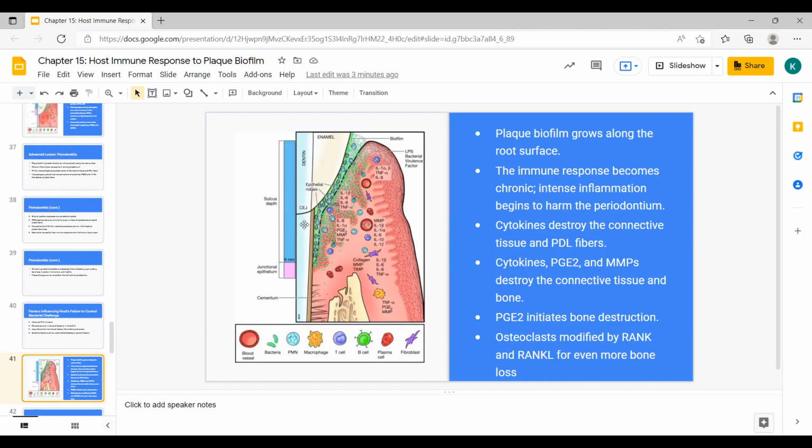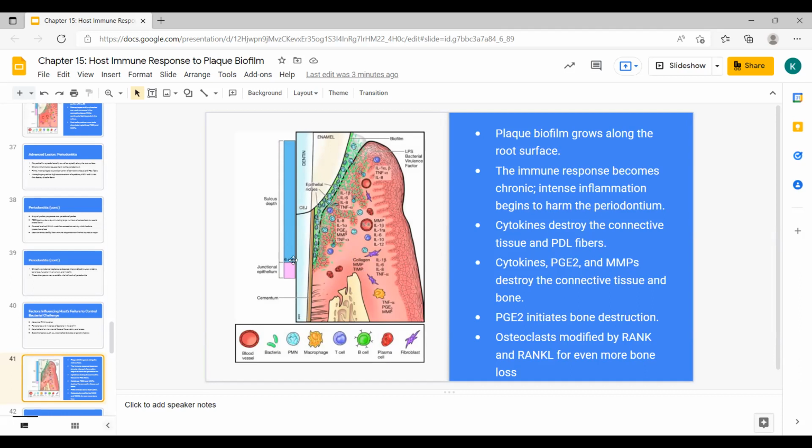Okay, so we can see the bacteria has invaded all the way past the connective tissue. Okay, and we can see PDL fibers being destroyed, bone being destroyed, and the junctional epithelium has migrated apically, right? Because it's supposed to be within 1 to 2 millimeters of the CEJ.